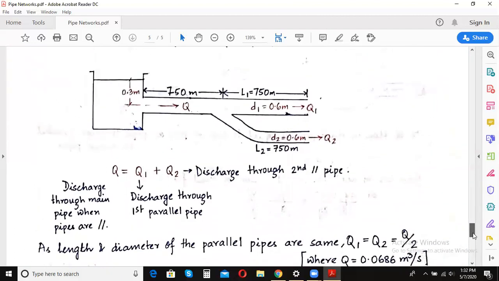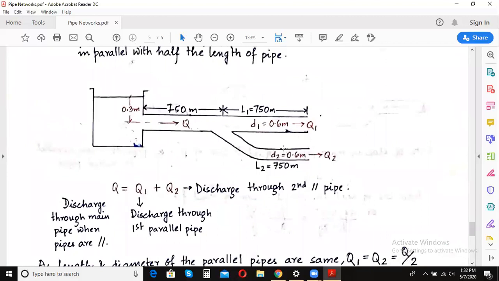Since the parameters of both these parallel pipes are the same, that is, length is the same and diameter is the same for both the pipes, what do we have? We will have Q1 is equal to Q2. Clear?